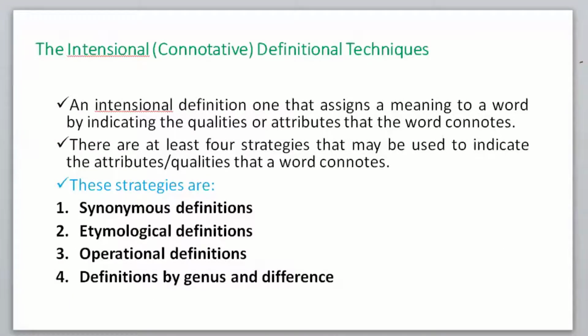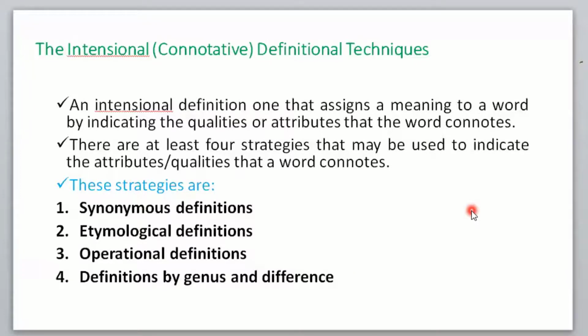You have, I think, an understanding of the intentional definitional technique, which means assigning meaning to a term or word by indicating the qualities, the attributes, or the features of what we are going to define.